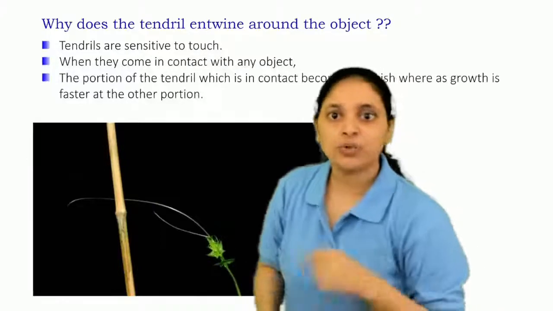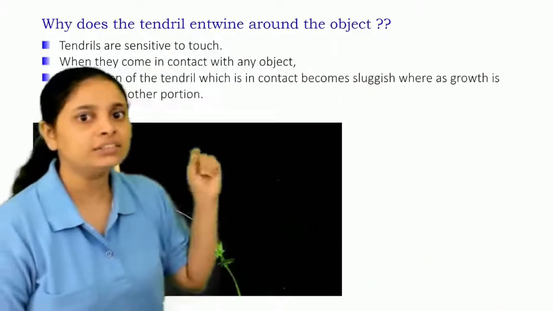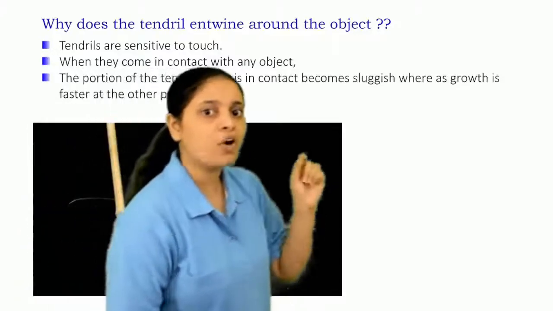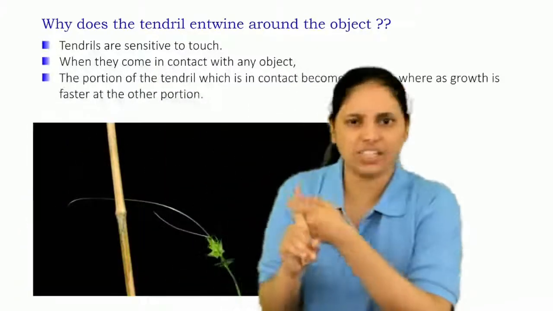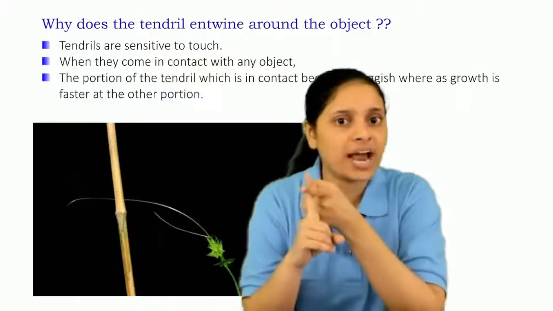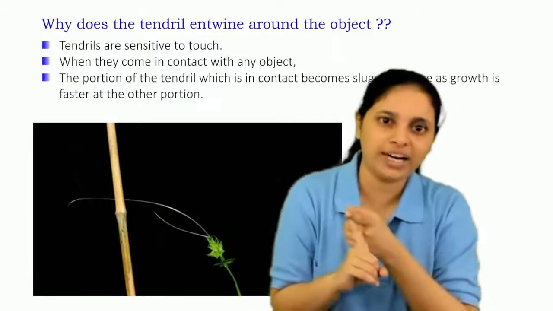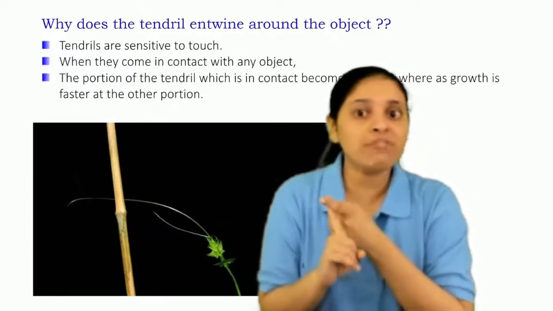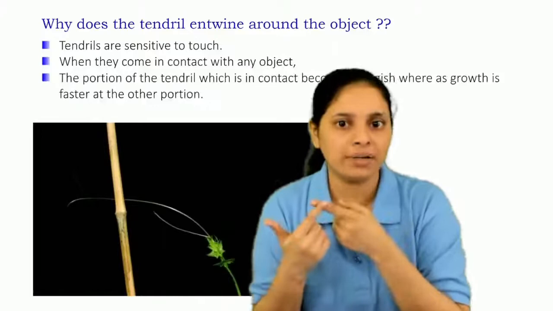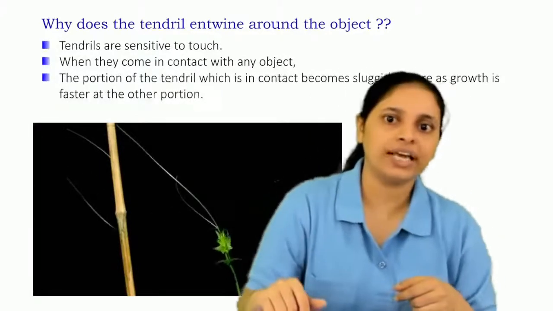समझ में आया? So your stimulus is touch. What is the stimulus? Touch. When tendrils come in contact with any object like a stick, then the portion of the tendril which is in contact will grow slowly. It will become sluggish, lazy, right? And growth will be faster in the other part. So it will entwine like this. Okay, ये देखो डायग्राम में दिख रहा है सबको.